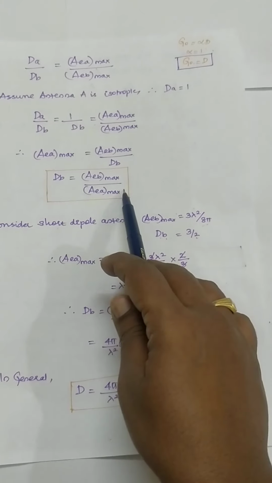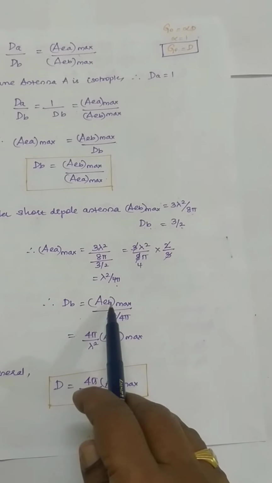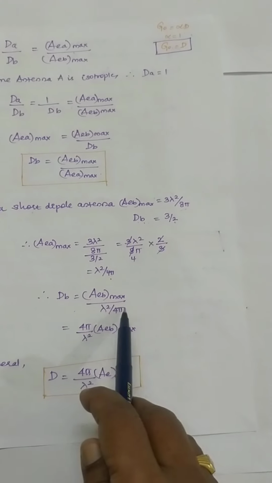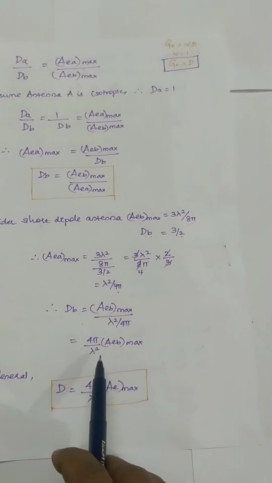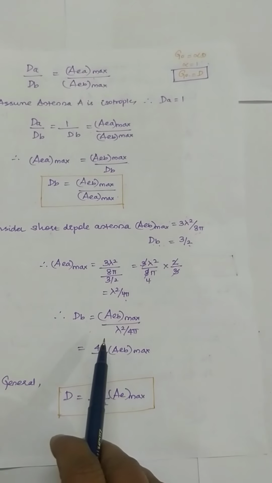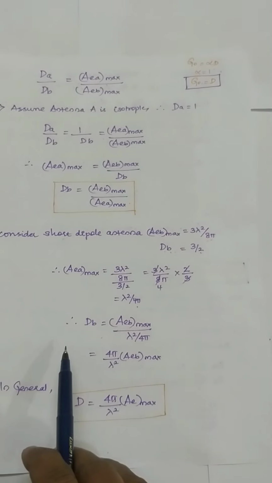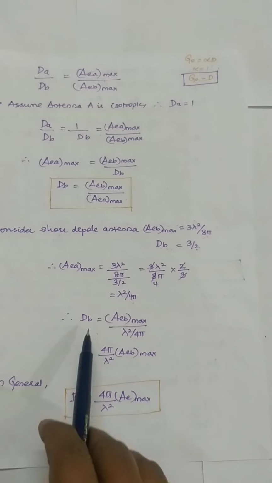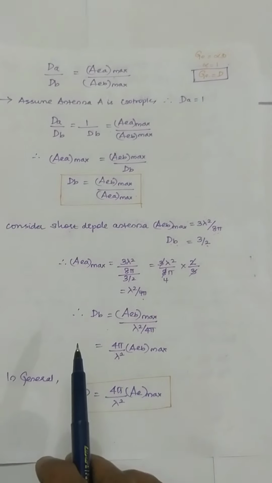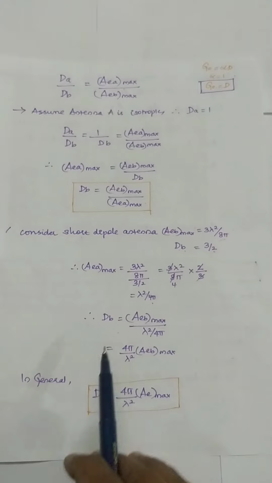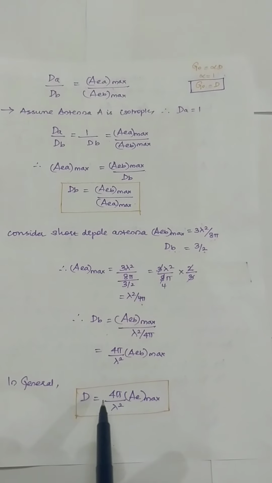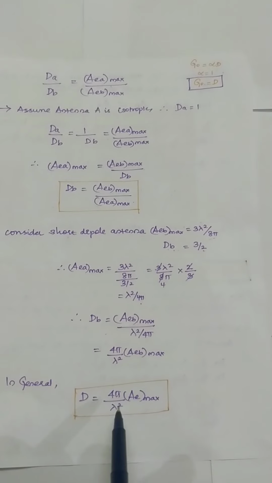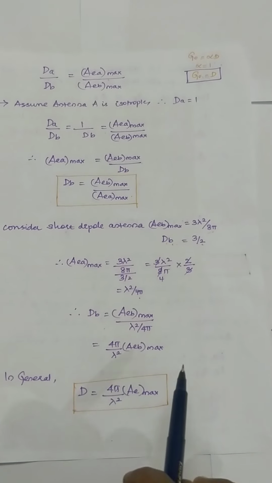Now, get back to the equation of dB. It is equal to AE B max divided by lambda square divided by 4 pi. So, upon simplification, 4 pi by lambda square into AE B max is equal to the value of dB. In general, I have replaced antenna B as D itself. So, the directivity of an antenna is equal to 4 pi by lambda square into AE max.